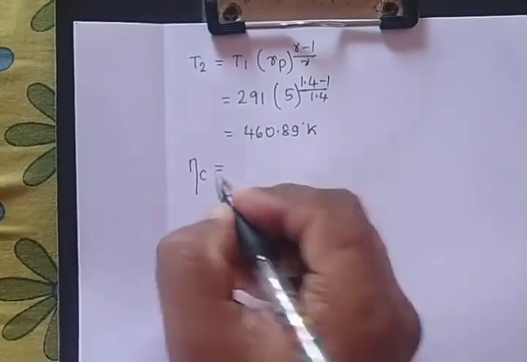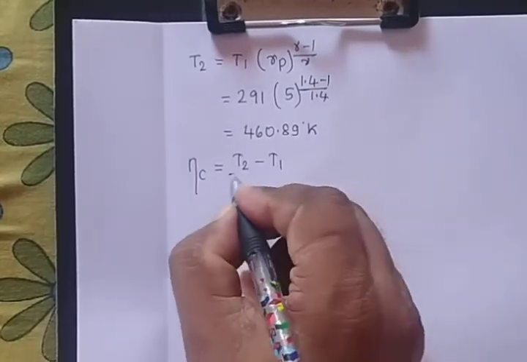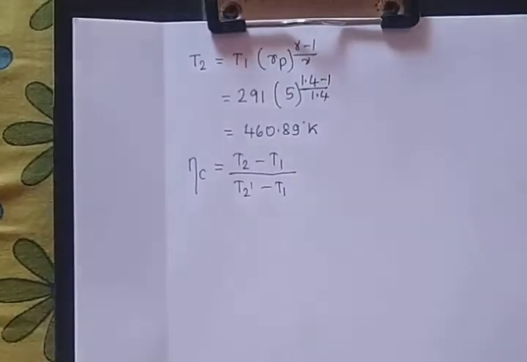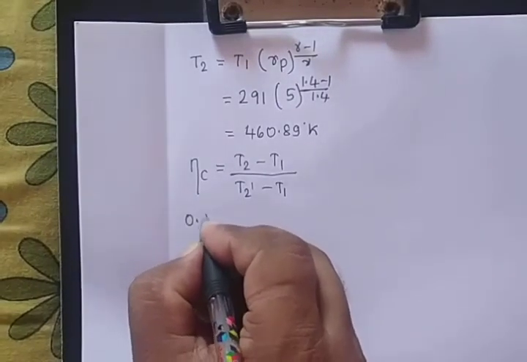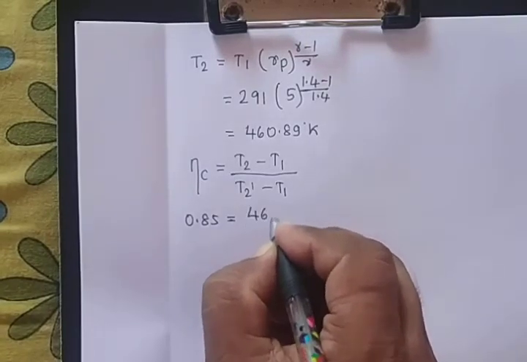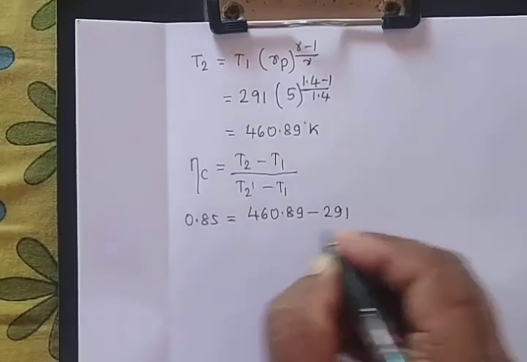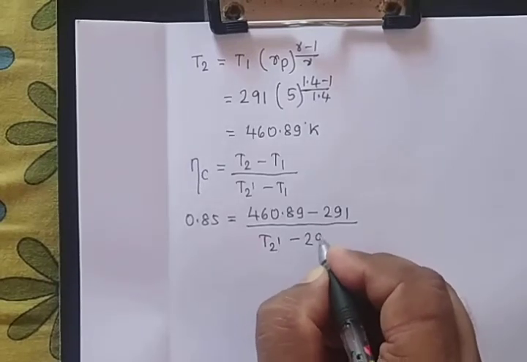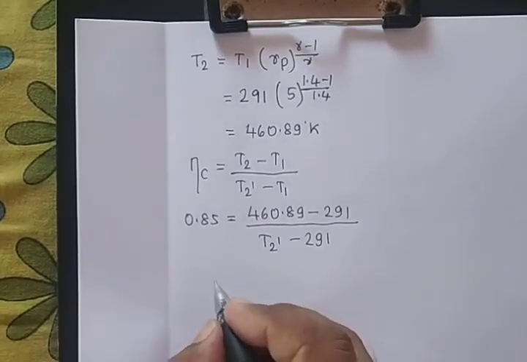So once I find out the value of T2, next find out T2 dash. We know the equation of compressor, that is ideal compressor work divided by actual compressor work. So efficiency of compressor is 85%, that is 0.85. Then T2 we have found out just now, it is 460.89. T1 is given, that is 291 divided by T2 dash, which I need to find out, minus T1, 291. So find out T2 dash.